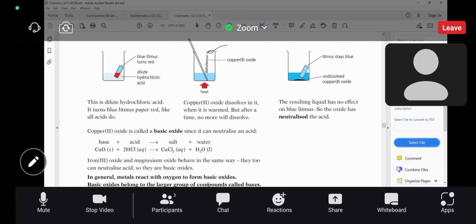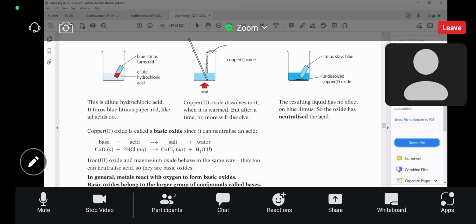Right, now we are going to write a chemical equation. We take this copper oxide, CuO solid, and react with HCl aqueous. So what will happen? What do you think?